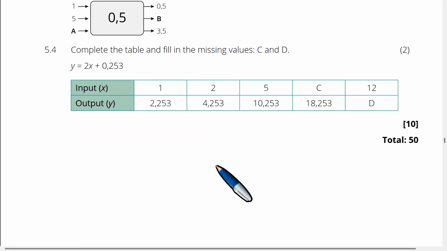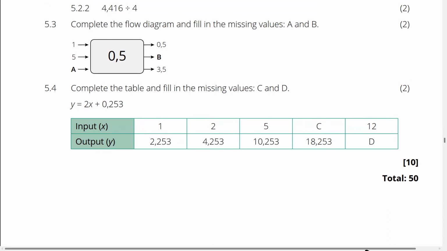Complete the table and fill in the missing values, C and D. The function is y equals 2x plus 0.253. X is 1 and y is 2.253. X is 2 and this is 4.253.